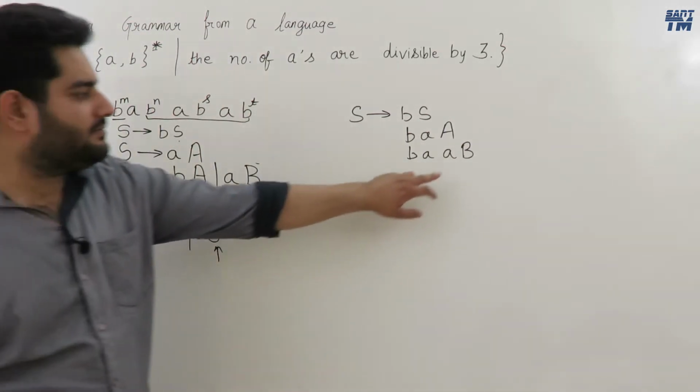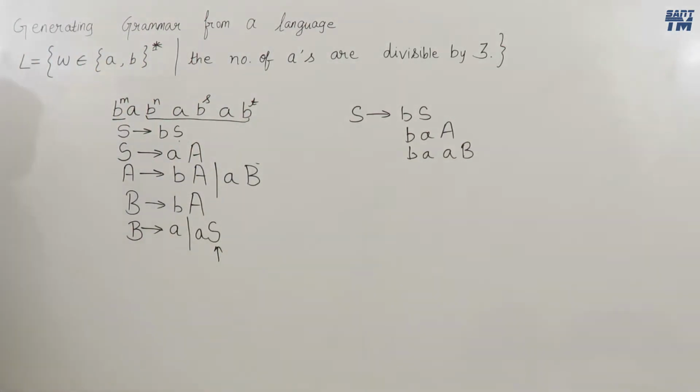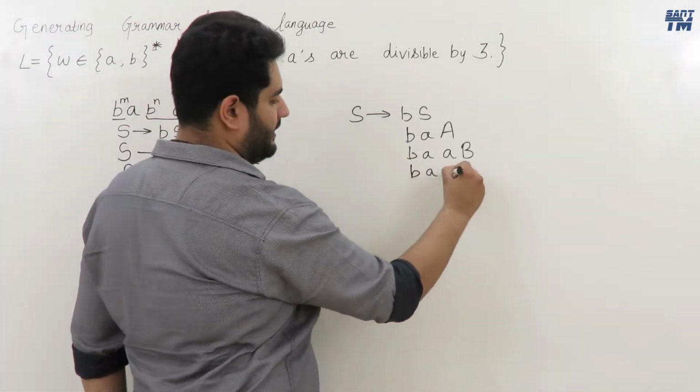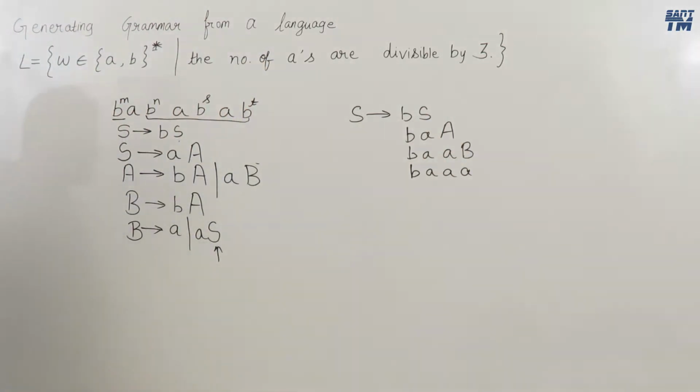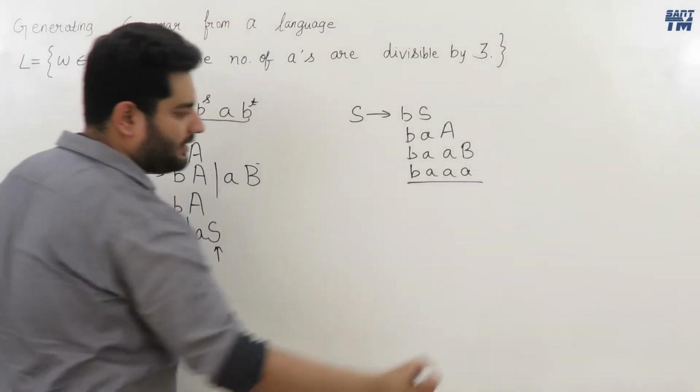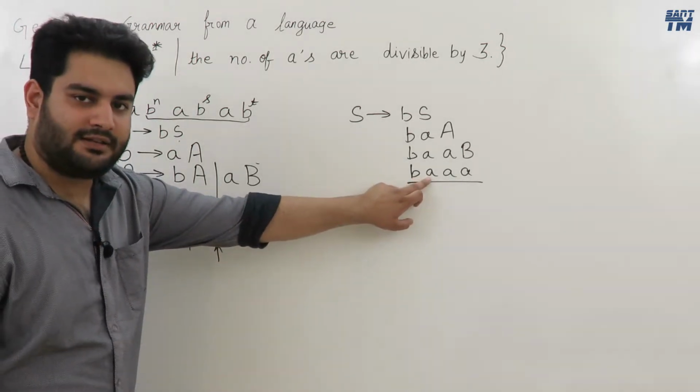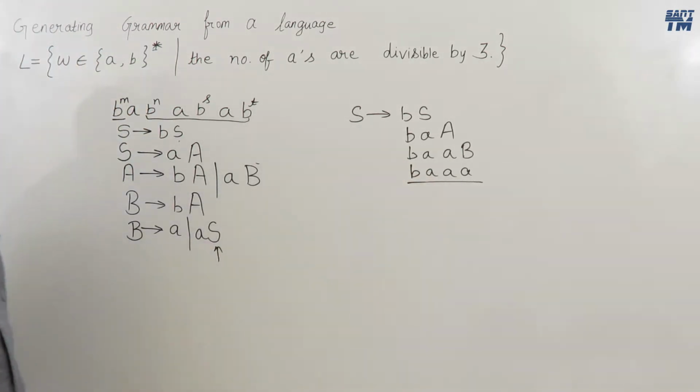Now in place of this B, let us say we substitute A, so we get BAA. Now further substitution cannot take place and we have got the string BAA. You can see the string has 3 A's, the number of A's is divisible by 3, and there is only one B. So this is acceptable by this language.